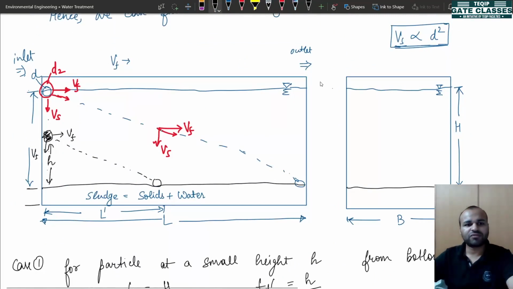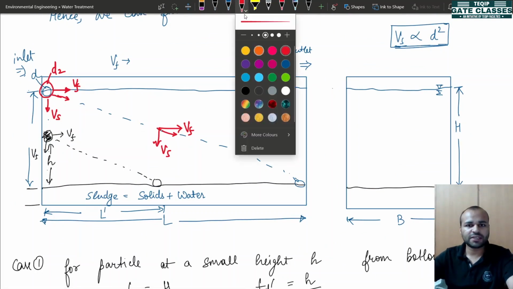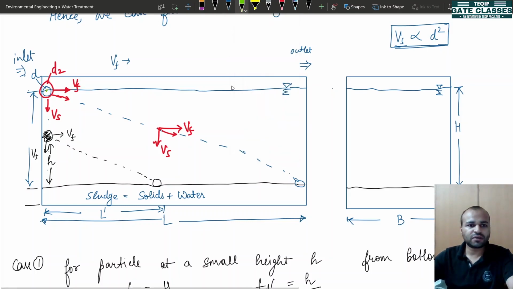Now let us say the particle we assumed is smaller, let me change the color to green. So let us say this is your particle, this green particle. This will also follow a similar path.